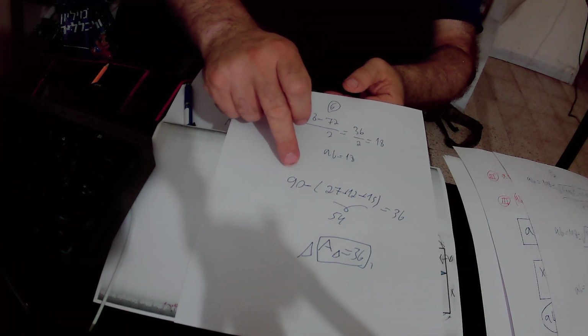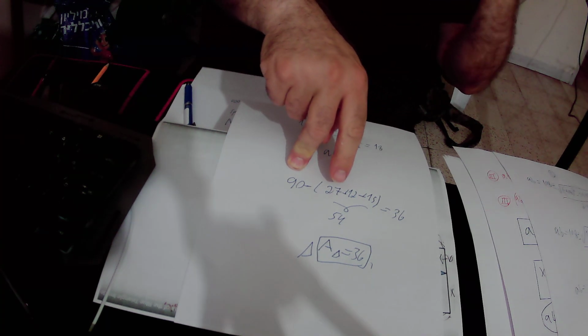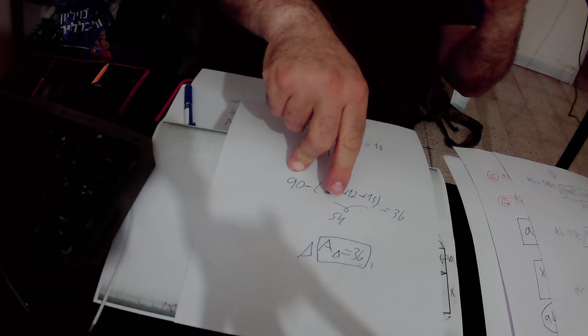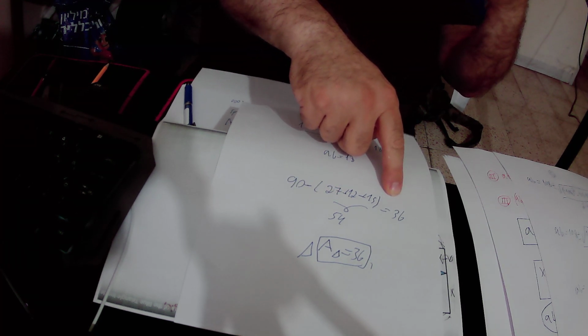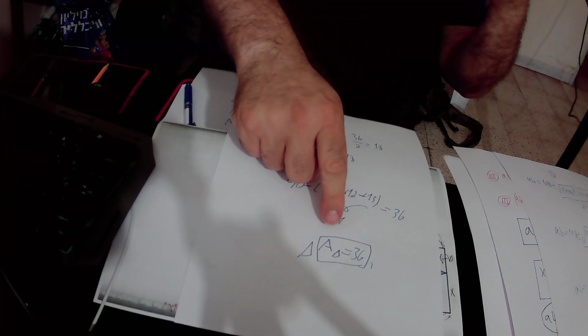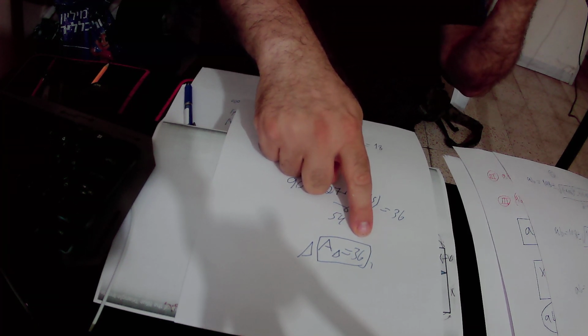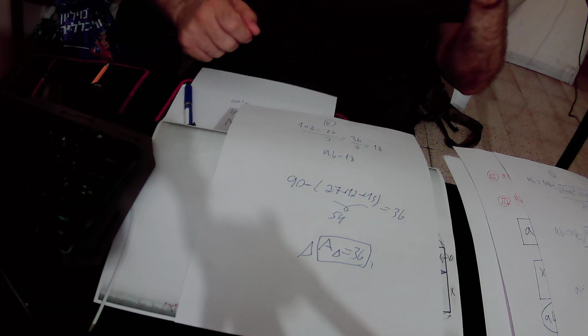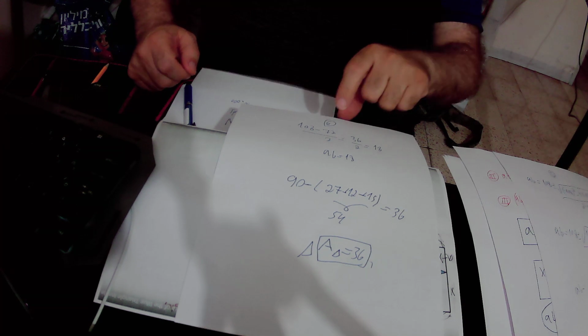So the area of the blue triangle equals 36 units. And that is exactly what we were looking for. Okay?